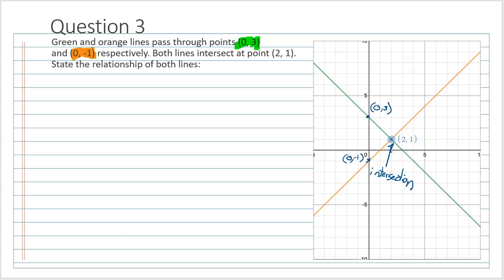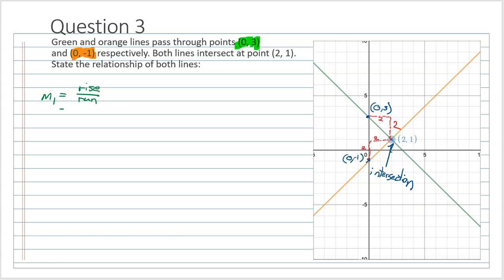Now, what I'm going to do is calculate the gradient using the rise over the run method. So, for the green line, I'm going to go across 2, then down 2, like so. And then for the orange line, I'm going to go up 2, then across 2. So the gradient for the green line, which I'll write in a green pen to make it easier to see, is m1 equals the rise over the run.